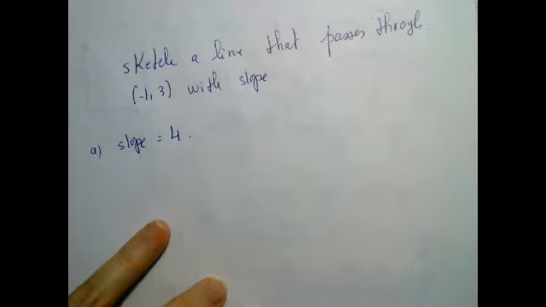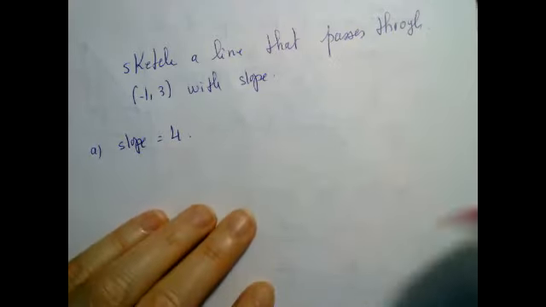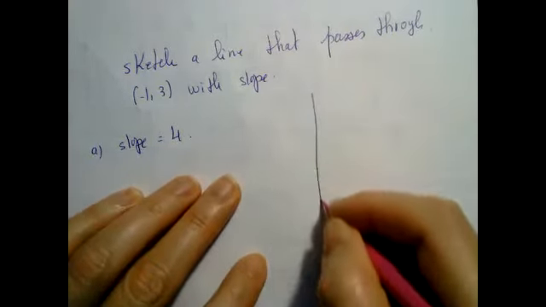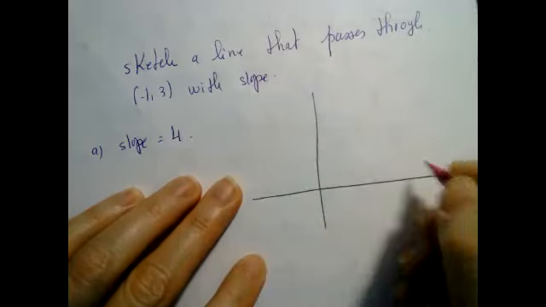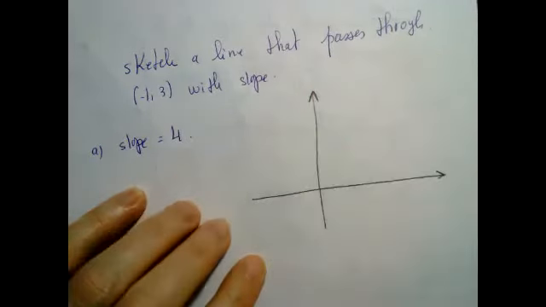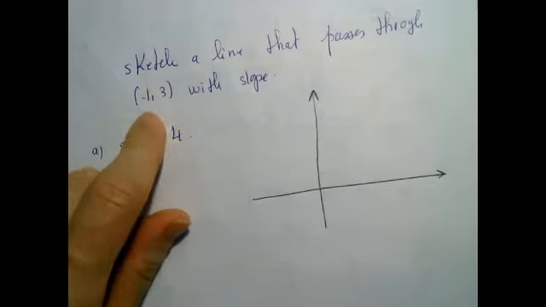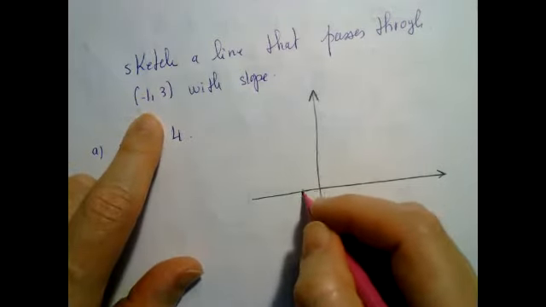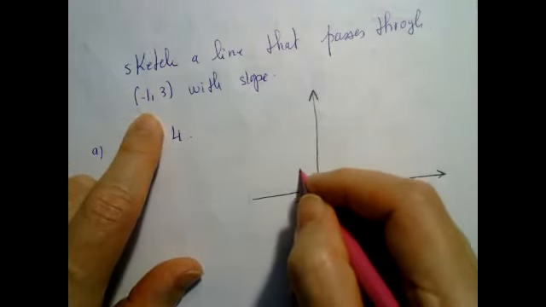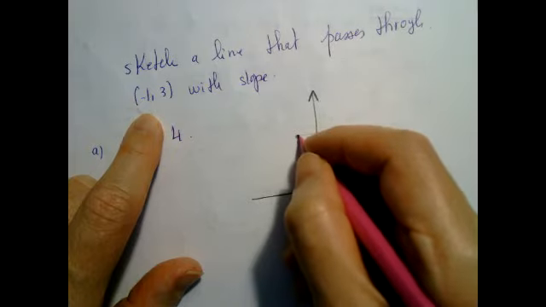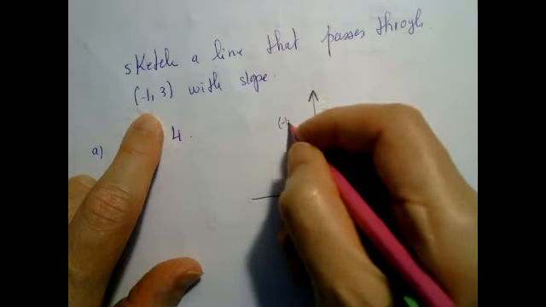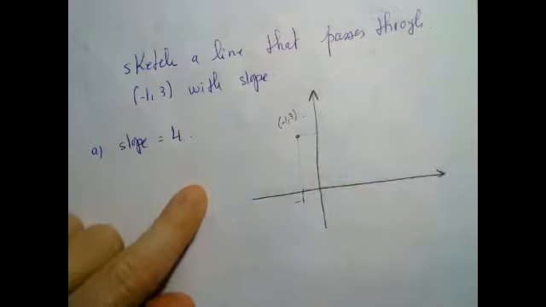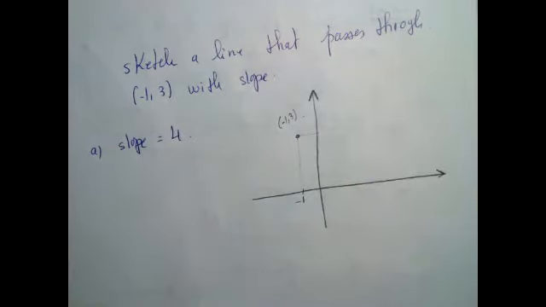I want you to sketch a line, and the line passes through (-1, 3). So that's a point on the line. So this is -1, this is 3. I want the slope to be 4. So how can I construct the line so the slope is equal to 4?